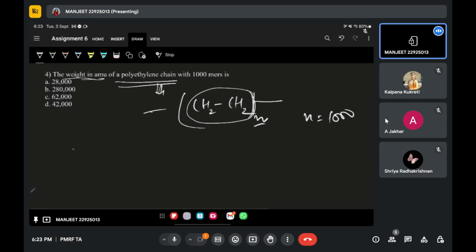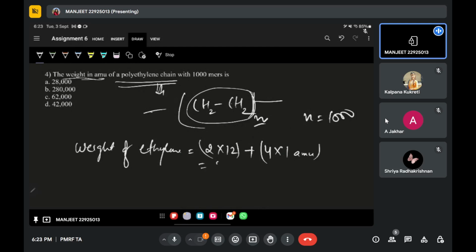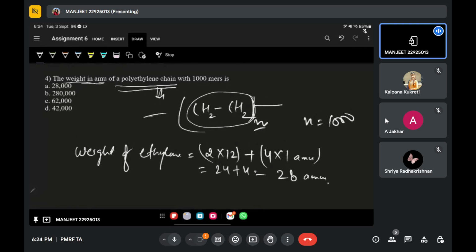So what will be the weight of ethylene? We have two carbons, so 2 into the atomic mass of carbon, which is 12, plus how many hydrogens are here, that is 4, and the mass of hydrogen is 1 AMU. So this gives you 24 plus 4, that is 28 AMU. So the weight of ethylene is 28 AMU, and we have 1000 mer units.